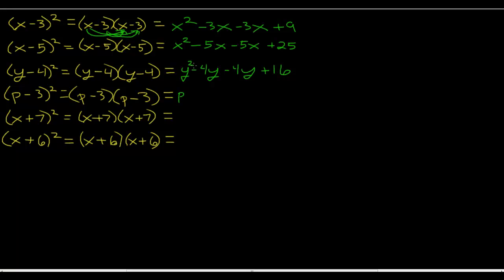Sorry, this is squared. This is p squared minus 3p minus 3p plus 9. Okay, now pause for a second and see if you can do one of these last two where we now have addition instead of subtraction, and see if you can see where the differences are.